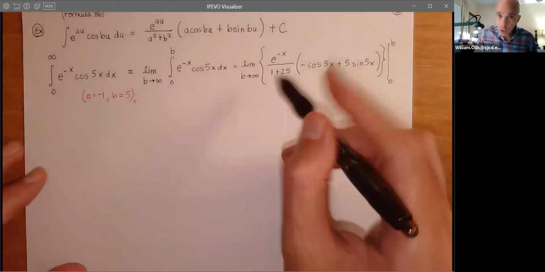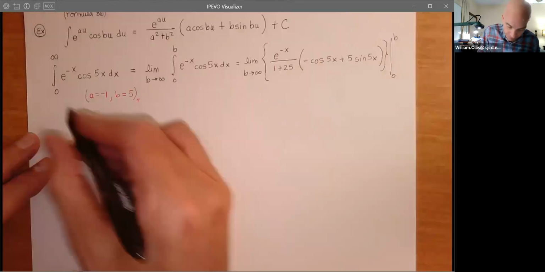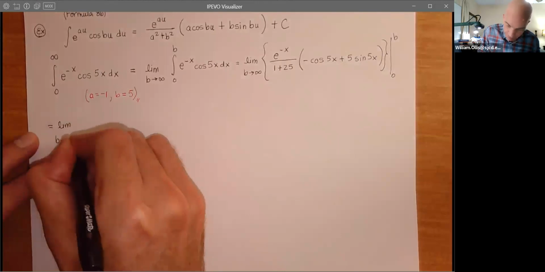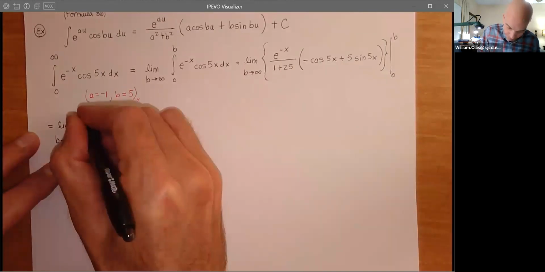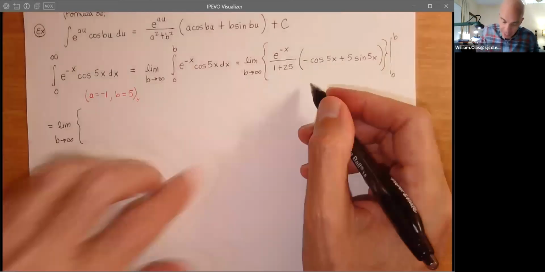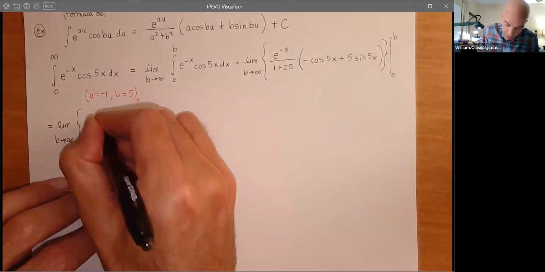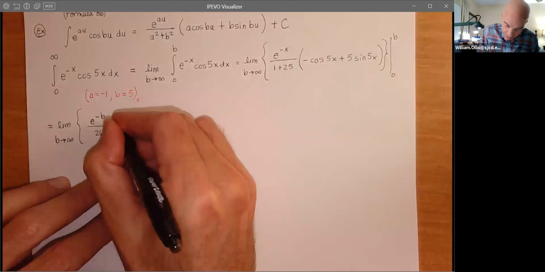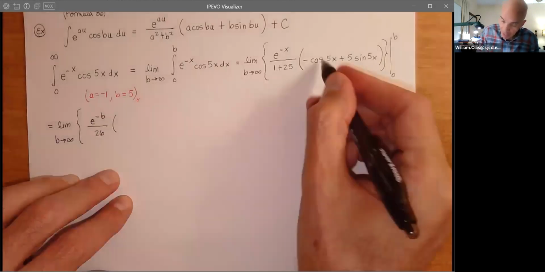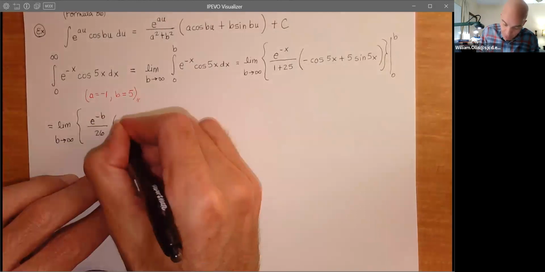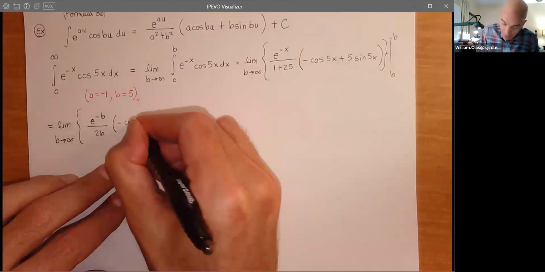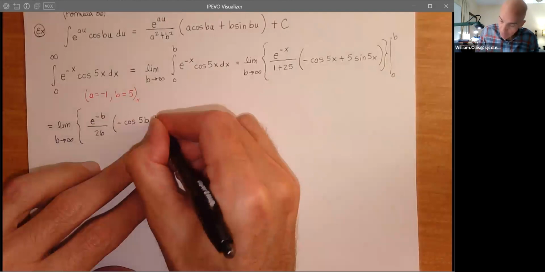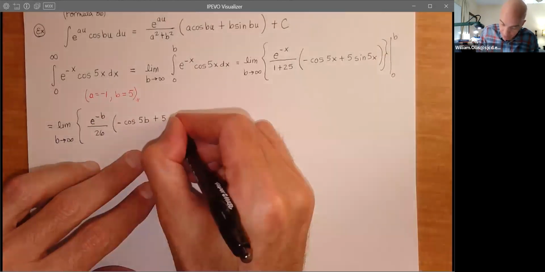Now, we want to first apply the fundamental theorem. So the limit as b approaches infinity. So we're going to have e to the -b, replace x with b, over 26 times, and now we're going to have a negative cosine 5b plus 5 sine 5b.